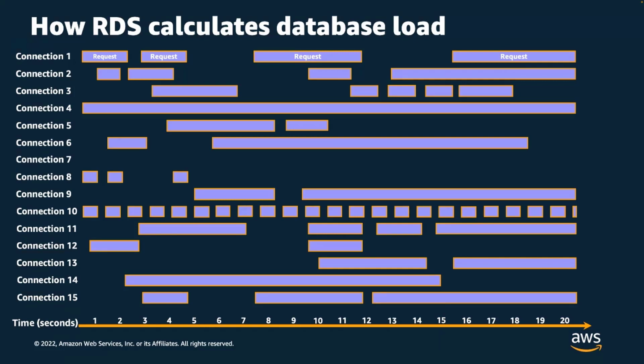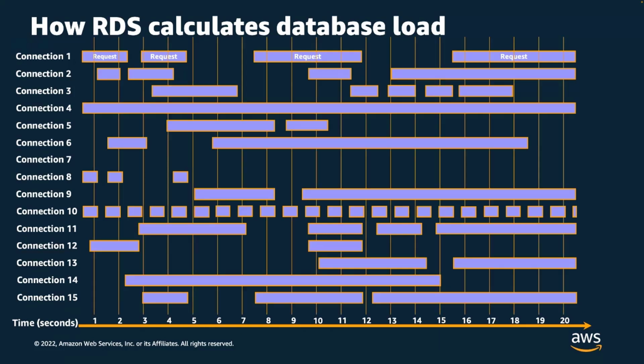So what Performance Insights does is it comes in and it samples the number of active sessions once a second. So if we take a look at just the first sample here, from the top, there is 1, 2, 3, 4, 5 active sessions at the time of the sample.